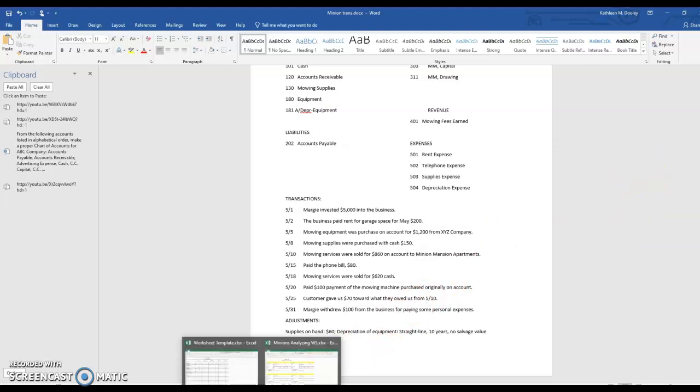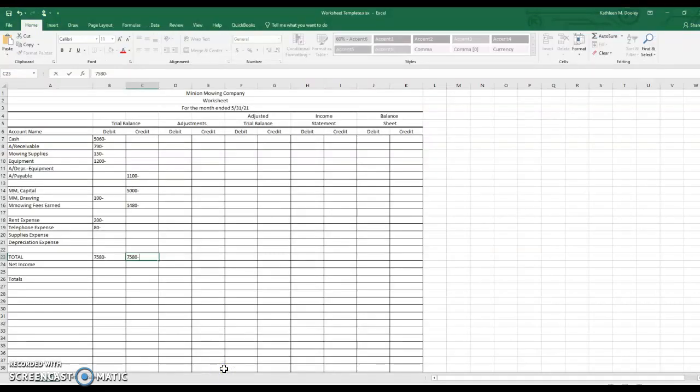So if I look at my trial balance, my supplies was 150, but I need for this to say 60, so I must have used $90 worth of supplies, so that my final adjusted trial balance, 150 debit minus 90 credit, would be 60 debit balance.